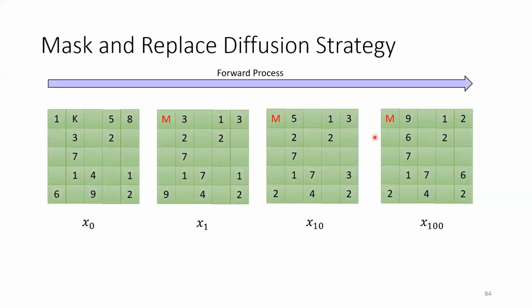The advantage is that now the model has a way to know which tokens were for sure modified. So the competition has been reduced, because if the model sees an M, it definitely knows this has been replaced. So let's fix this one, and then condition all the neighbor tokens on this particular fixed token. That's the advantage. So that is the mask and replace diffusion strategy in the forward process.